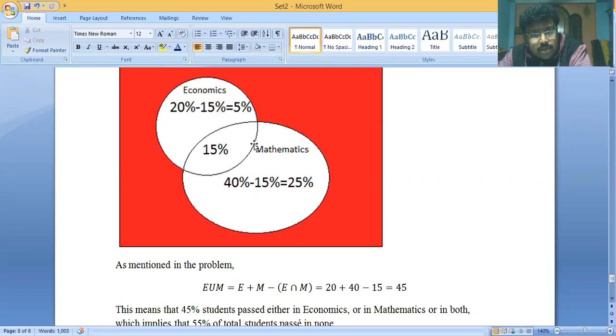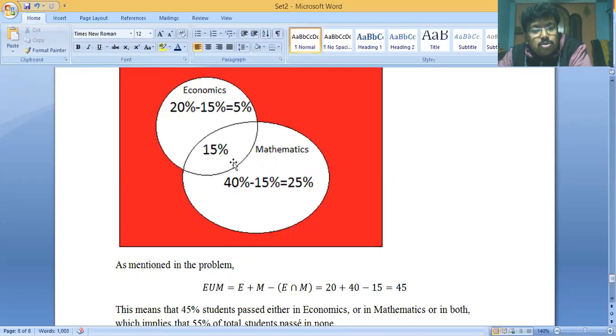This area is only economics, and this area is the intersection, where both economics and mathematics students are.